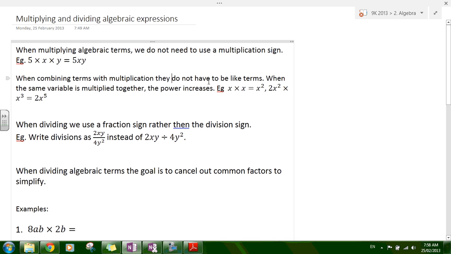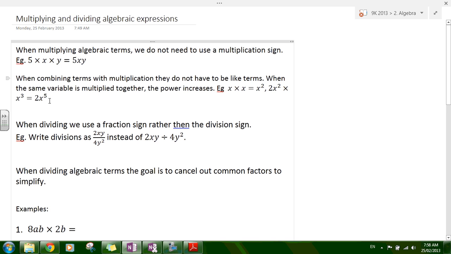Now, when you multiply the same variable together, the power increases, or the index. So x times x, we've got 2 x's multiplied together, is x squared. So 2x squared times x cubed, we have x squared, we have x cubed, and so we get 2x to the power of 5.